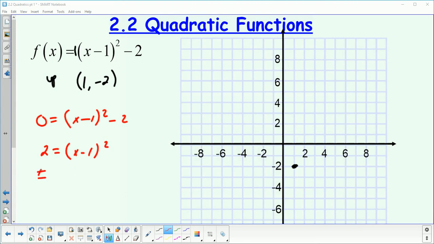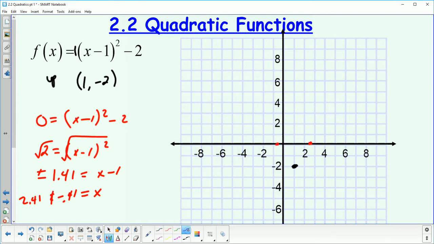So this is going to give me plus or minus the square root of 2, which is about 1.41, and that will equal x minus 1. So then I'm going to add 1 to both sides. So I get x is about 2.41 and negative 0.41. So those are my two x-intercepts. I can plot those. So about 2.41, right around 2.5, and then negative 0.41, so right around negative 0.5.